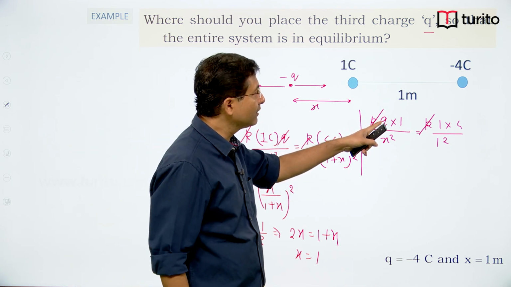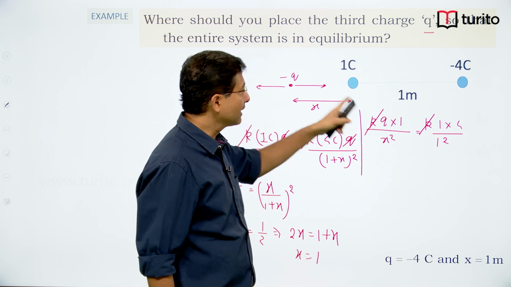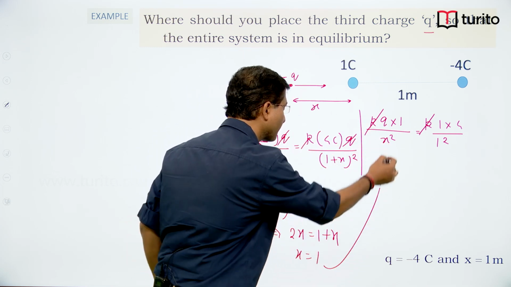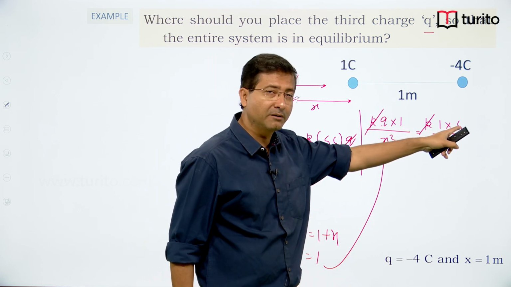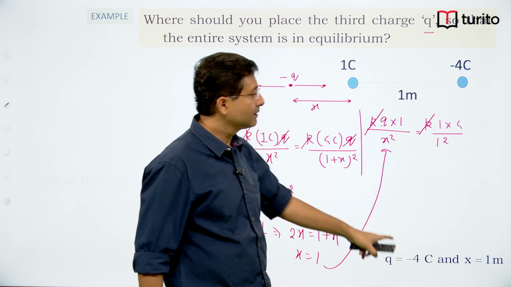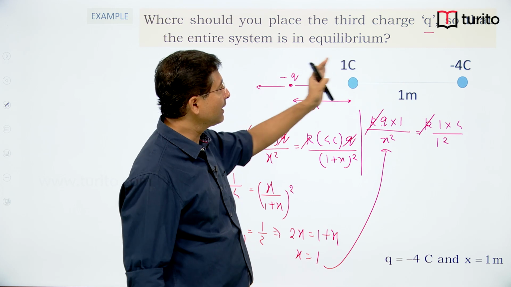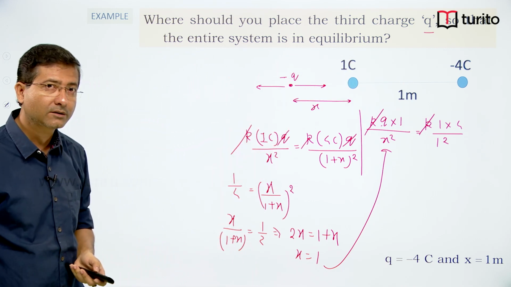The sign you have already decided, sign is minus. If you substitute x is equal to 1 over here, q is equal to 4, that means here you are getting only the magnitude. The sign you have already decided, that is minus q, and position x is equal to 1 meter from this side of the 1 Coulomb charge, right.